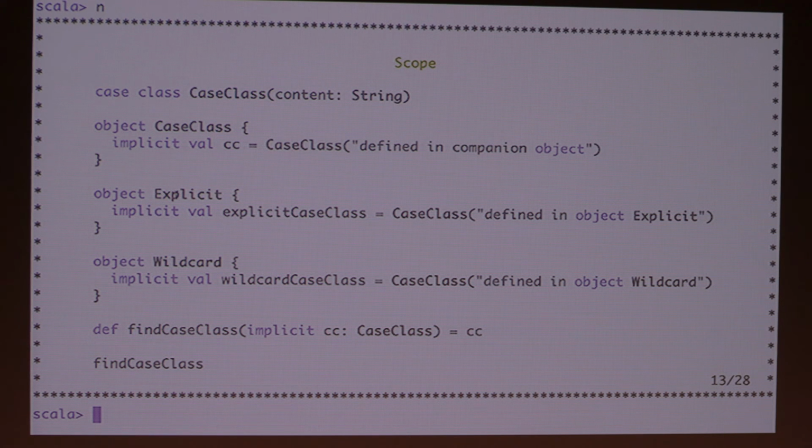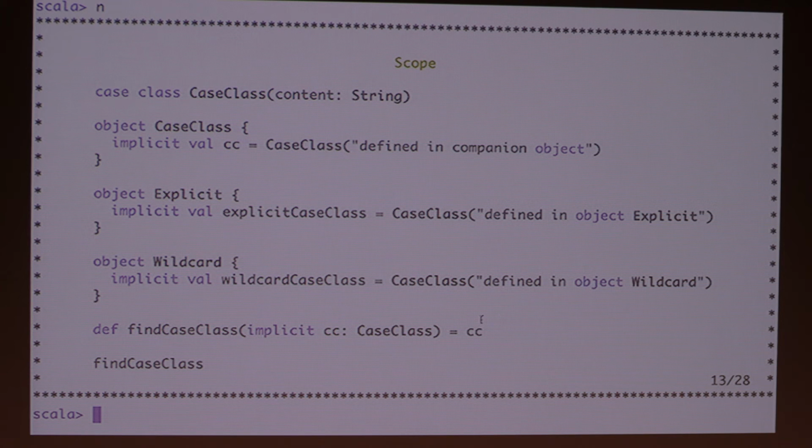We define another object named explicit, which also defines an implicit val of type case class, and a wildcard object which also contains one. And now we define this method here, findCaseClass, which requires a case class that it should get somewhere from the implicit scope, and will just return it for us.